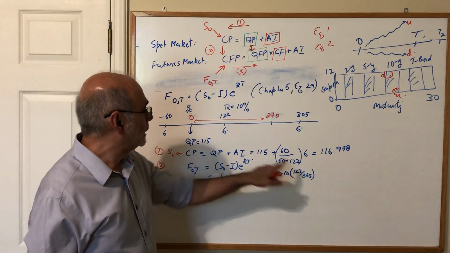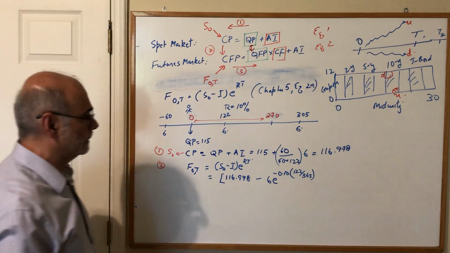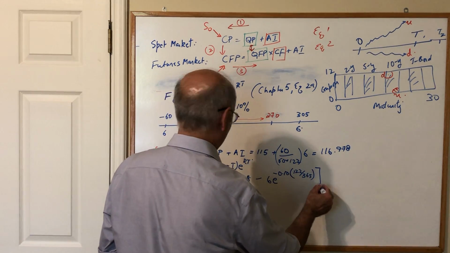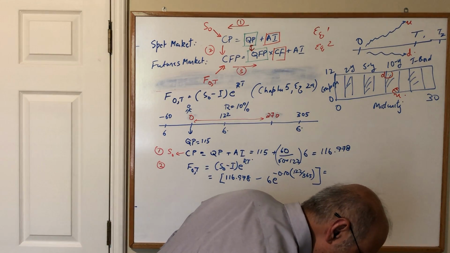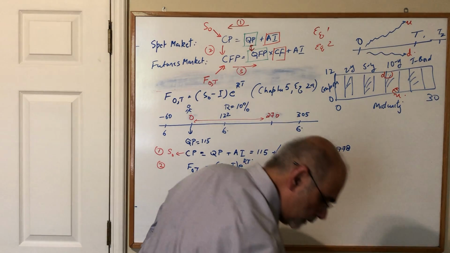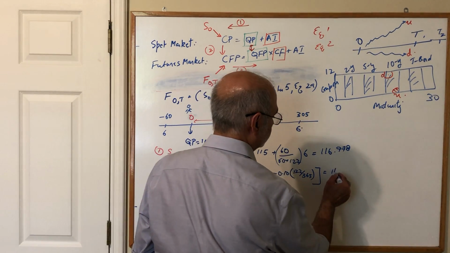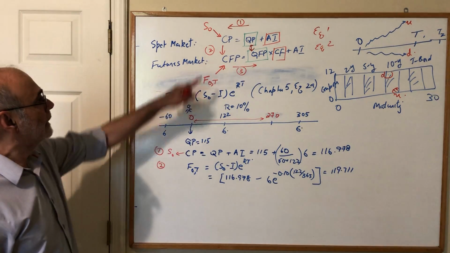So 122 days is 122 over 365 of a year. If I evaluate all of that, the textbook gives 119.711. That's step 2.